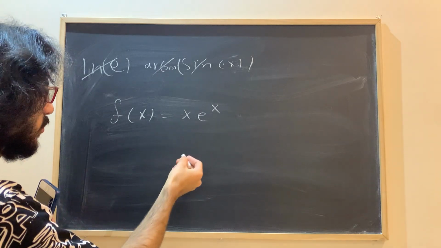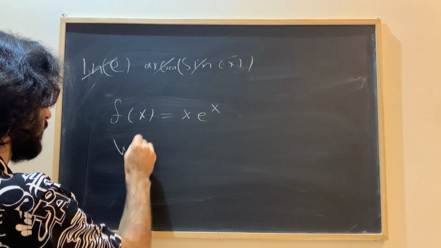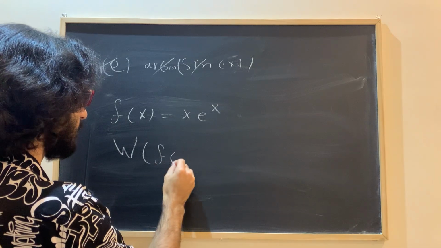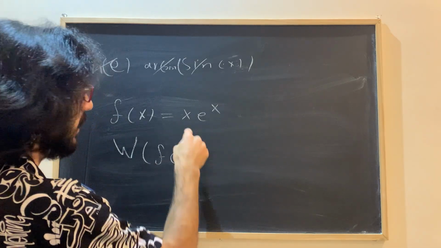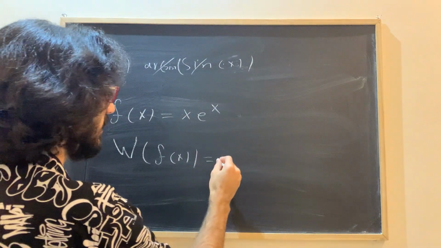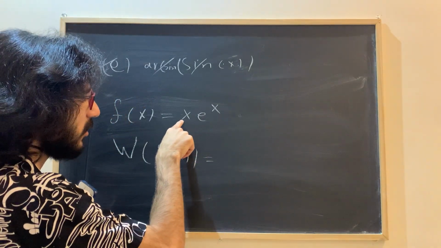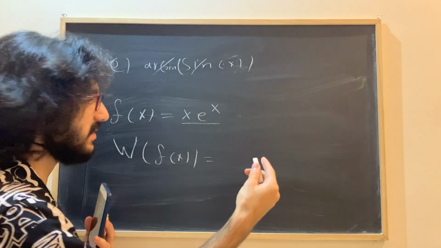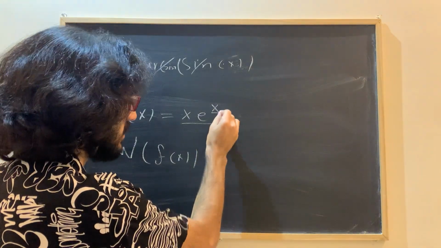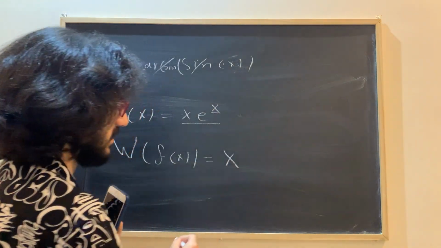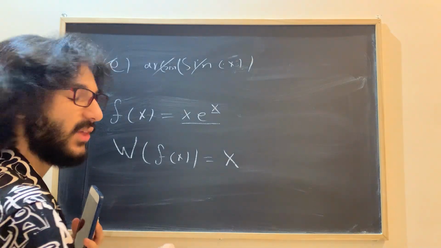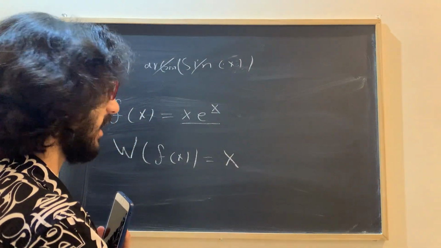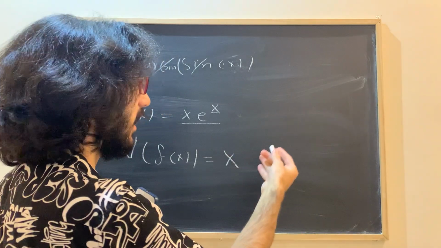If we take the W Lambert of f of x, we are taking the W Lambert of this part, and what happens is we only get the x. That's the amazing property about it, and that's what we're going to use in our example.